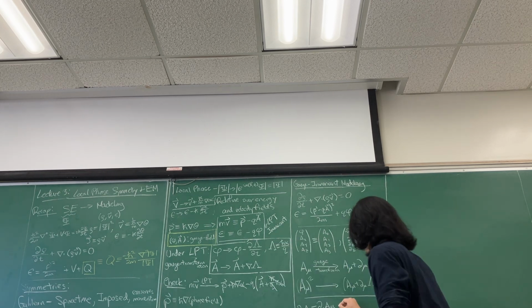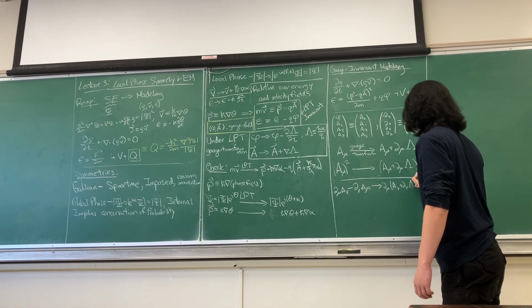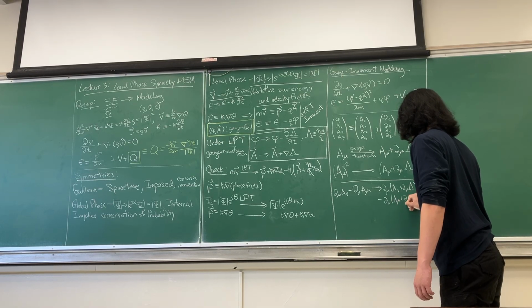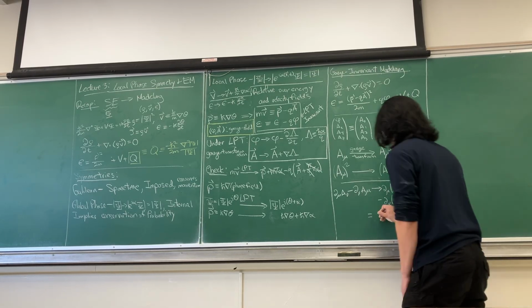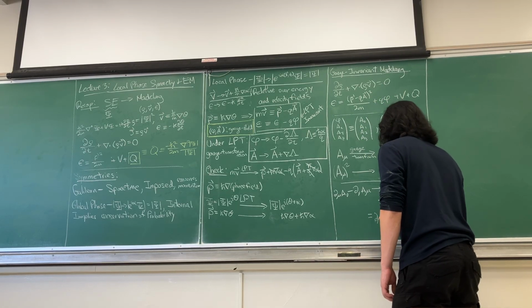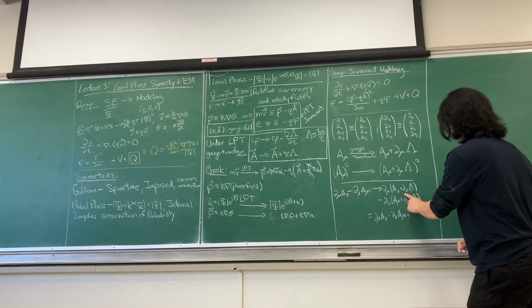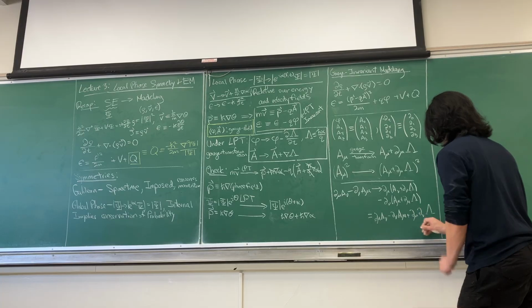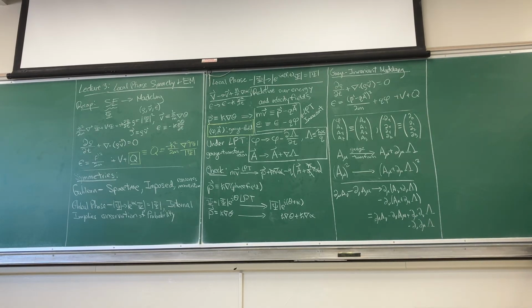So this thing under a local phase transformation is going to go to partial_mu of (A_nu plus partial_nu lambda) minus partial_nu of (A_mu plus partial_mu lambda), which is equal to these two terms, which are the same thing, plus partial_mu partial_nu lambda minus partial_nu partial_mu lambda.